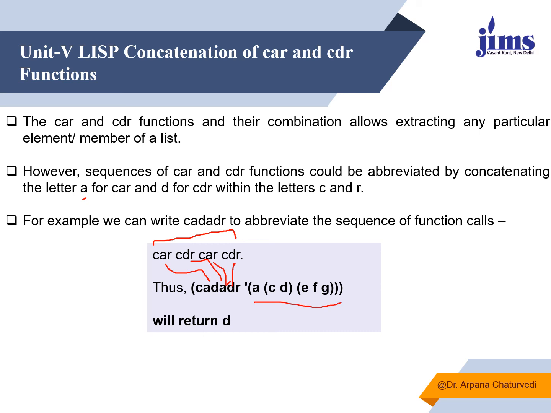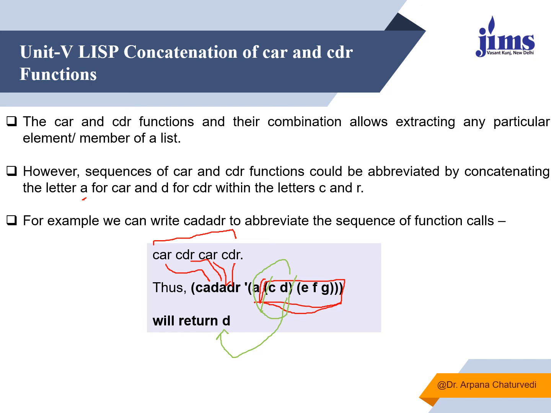From this, what do we have to do? First, CDR gives the rest of the elements: C, D, E, F, G. Then car gives the first element, which is C, D. Then again CDR, so C gets cancelled, leaving D. So the output will be D.